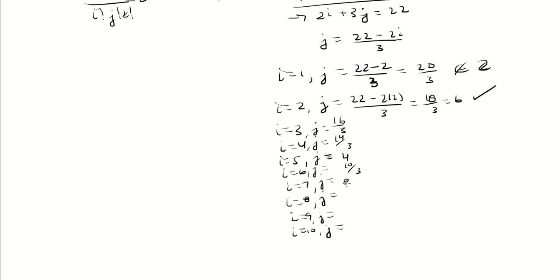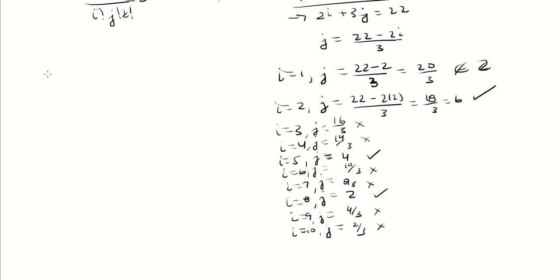So this is just going in a pattern. You're subtracting 2 over 3 every time. So 6 over 3 will be the next one, which is 2, 4 over 3, and then 2 over 3. So 4 works, and then 2 works.